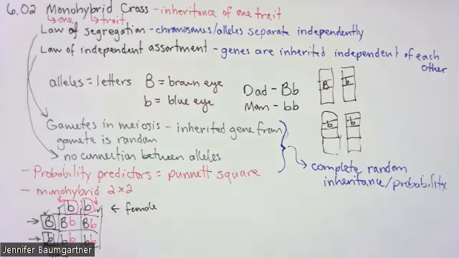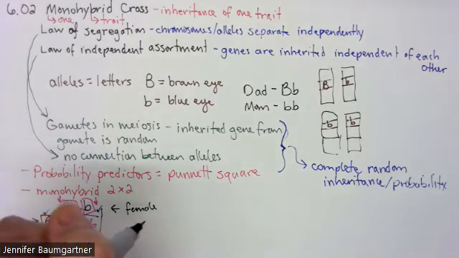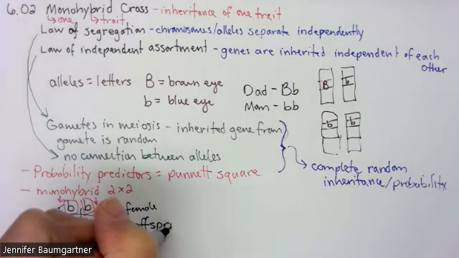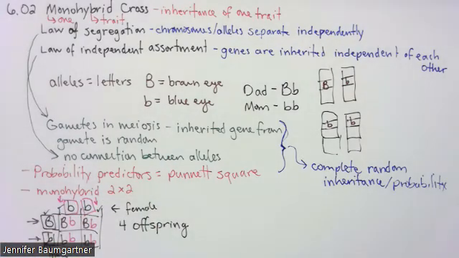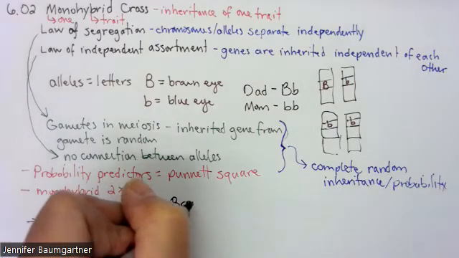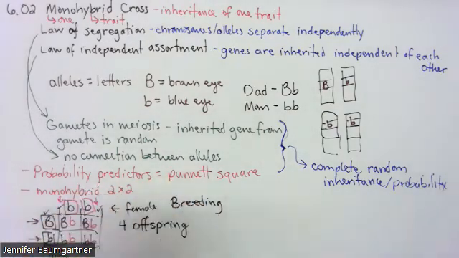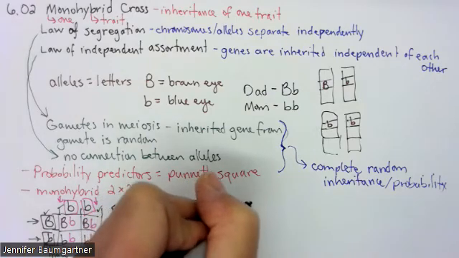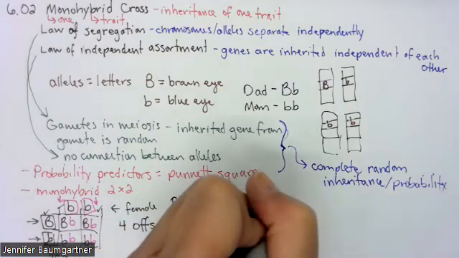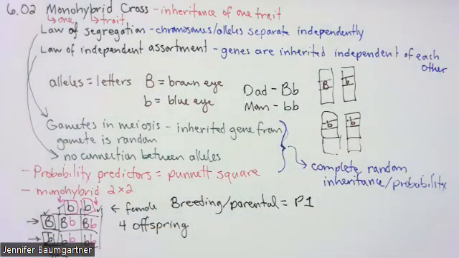So here's what this means. If I have 4 offspring, the way that I'm going to read this Punnett square is if I have 4 offspring. And by the way, we represent the breeding pair or the parental pair as the P1 generation.